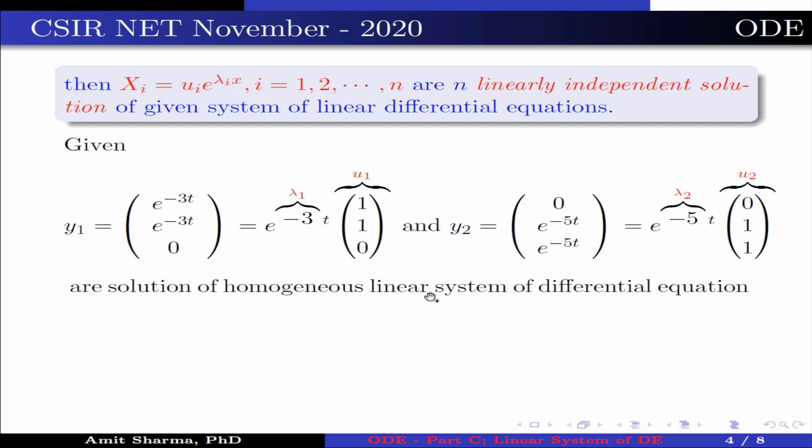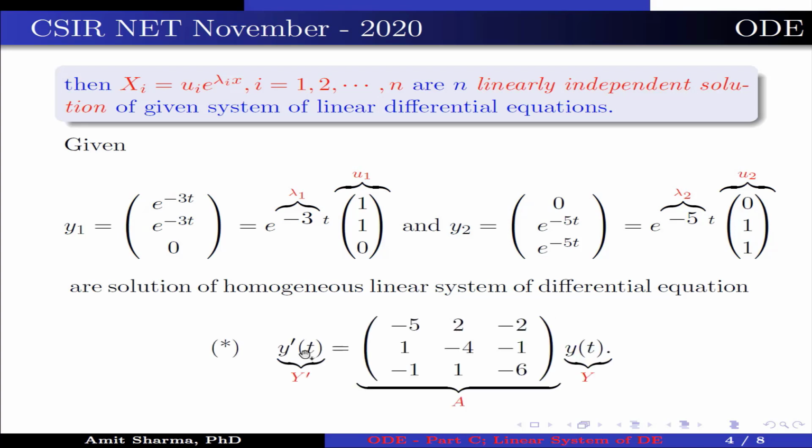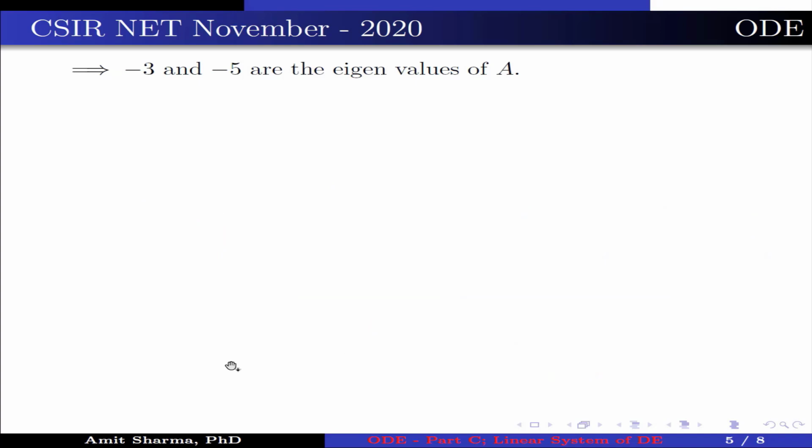Our homogeneous linear system of differential equations y dash t, which is represented by y dash, equals a 3 cross 3 matrix having elements minus 5, 2, minus 2, 1, minus 4, minus 1, minus 1, 1, minus 6. This is represented by A into y of t, which is represented by y, and this system is represented by star.